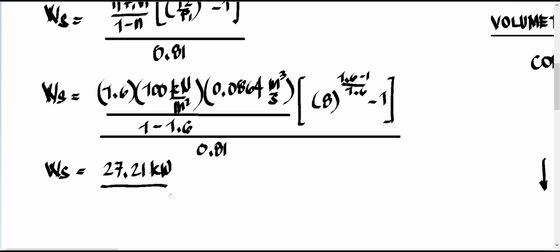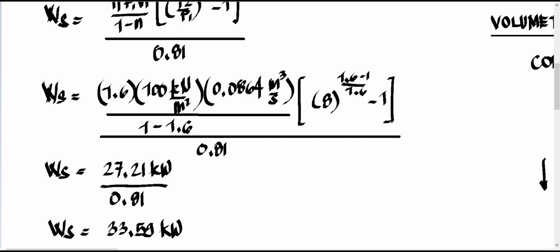Now divided by the value of your mechanical efficiency, our work of the shaft is now equal to 33.59 kilowatt. So that will be the work of the shaft.